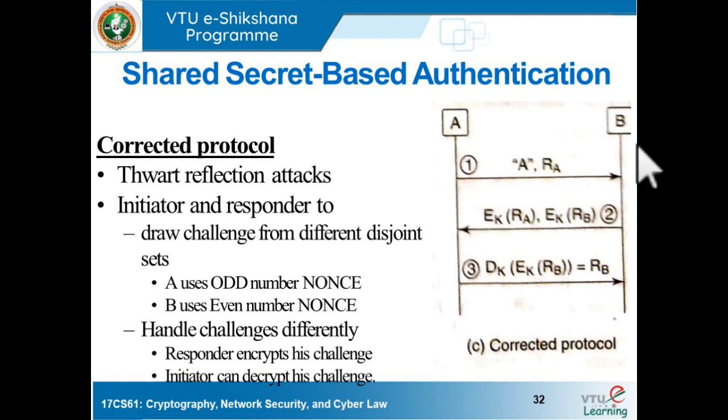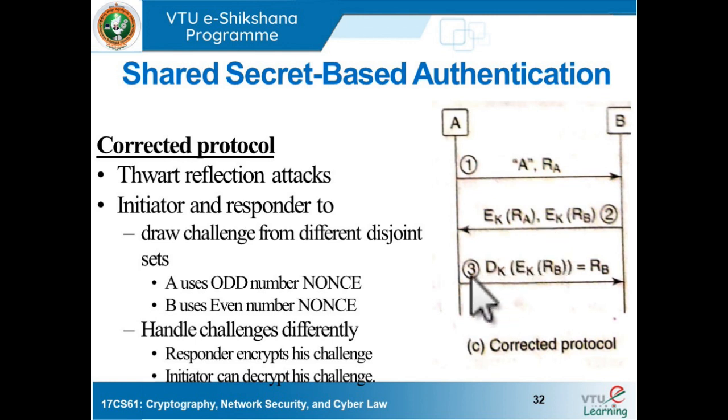Let's say the responder, that is B, encrypts his challenge, and the receiver, that is the initiator, decrypts the challenge that it receives. Now over here we can see in the first message A is sending its ID along with the nonce, and then in the second message, using the key that is exchanged between A and B, B is sending back the nonce in an encrypted form and also a new challenge, that is RB, again in an encrypted form.